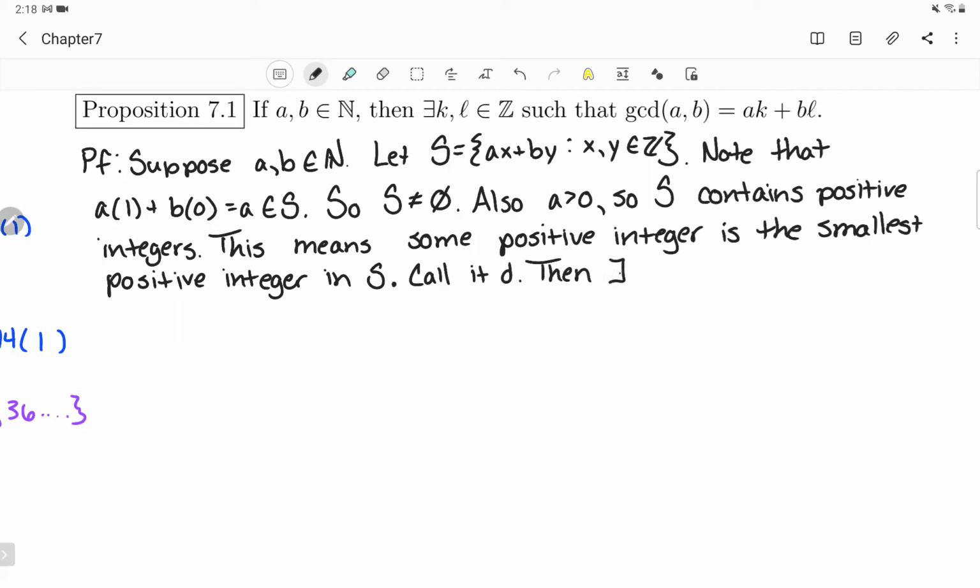Then, what's it mean to be an element of capital S? It means that you equal AX plus BY, right? For some integers, X and Y. So I'm going to say there exist S little s and T with D equal to AS plus BT.